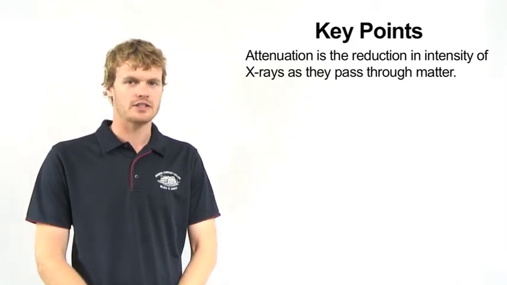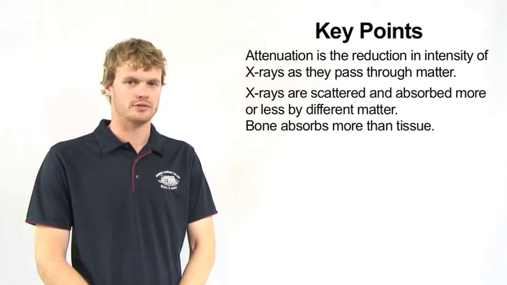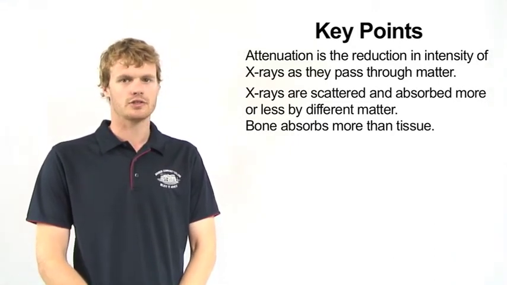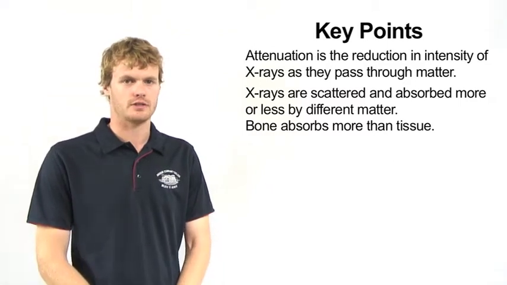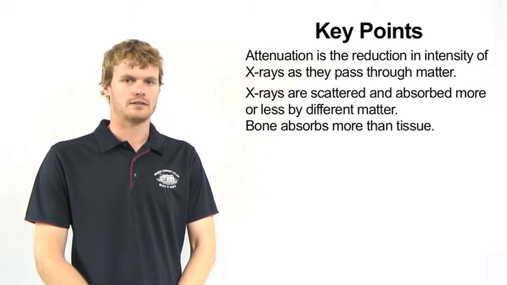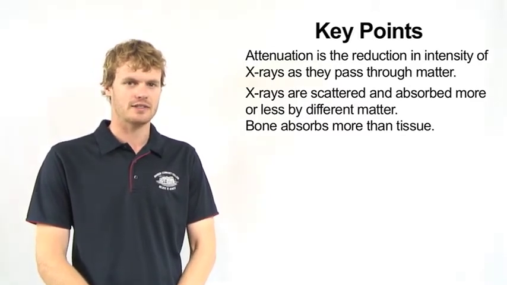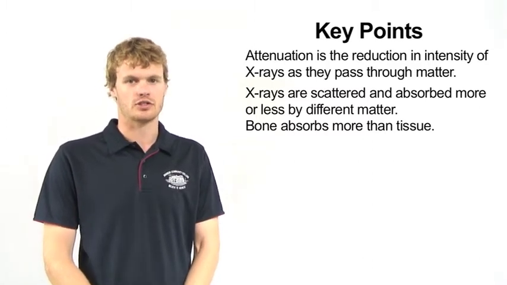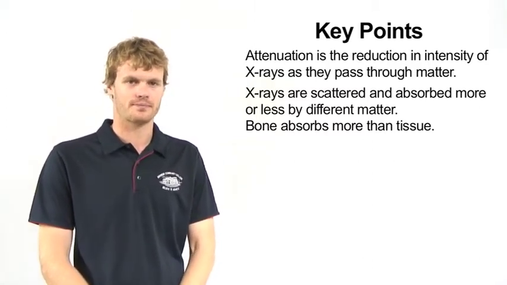X-rays are scattered or absorbed by different materials, so they're attenuated by different materials. Soft tissues, so muscles and skin and things like that, are less likely to attenuate the X-rays or absorb the X-rays compared to what a bone or a titanium rod is in your body.